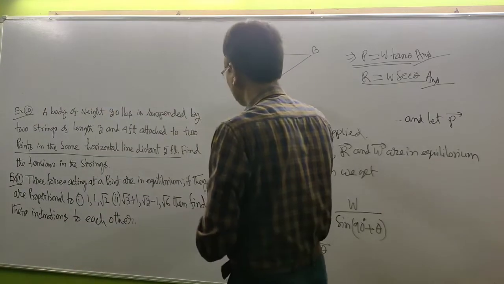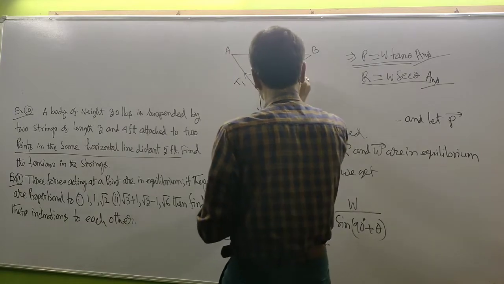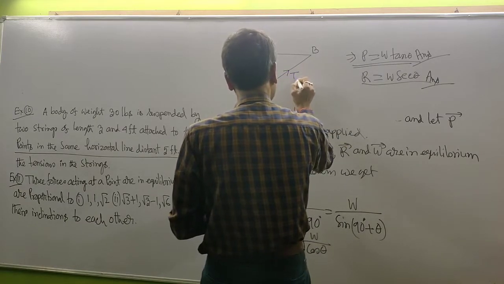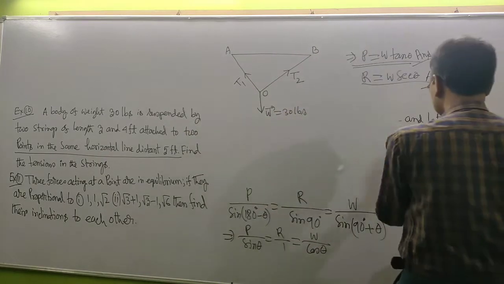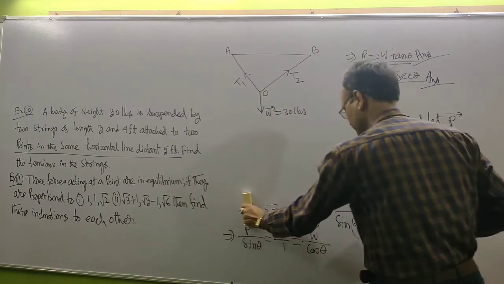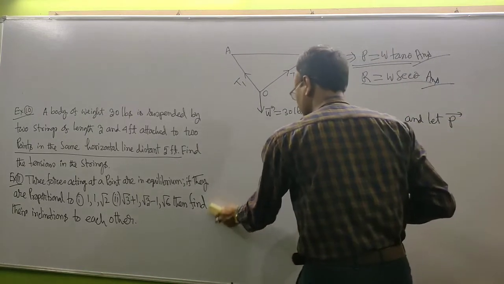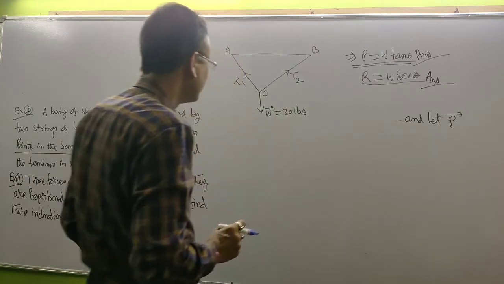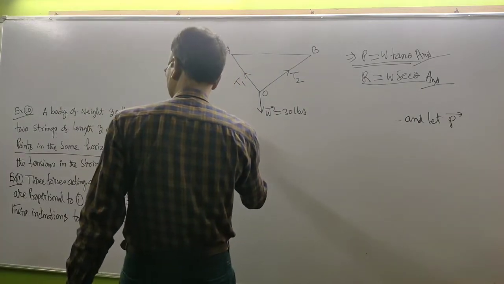The tension of the string OA is T1, and suppose the tension of the string OB is T2.